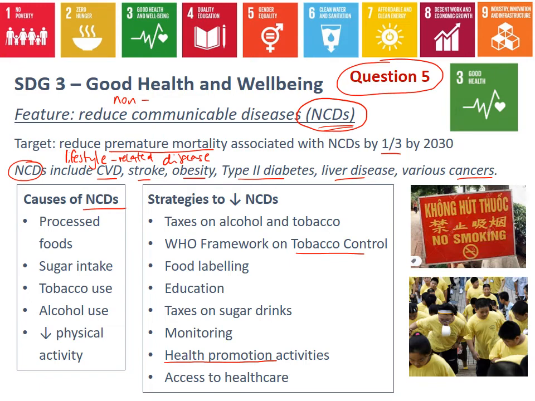So they've kind of got this double burden of these traditionally low-income diseases as well as these newer lifestyle diseases. And then I want you to identify one non-communicable disease and explain how a strategy could decrease that specific disease.